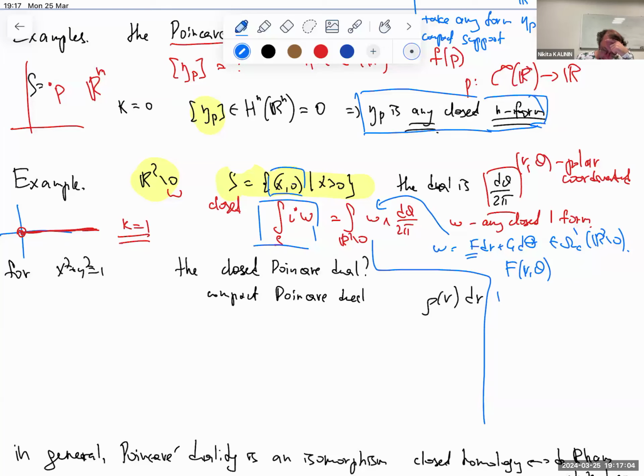How to find d omega? Because it must be a closed form.